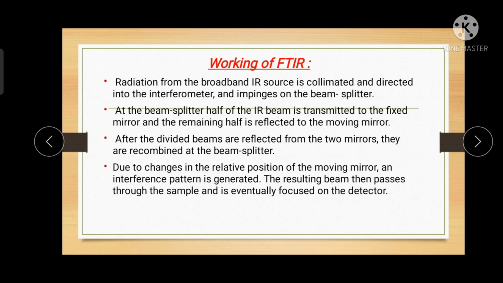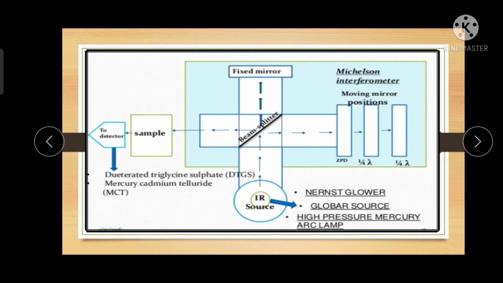The resulting beam then passes through the sample and is eventually focused onto the detector. The interference signal interacts with the sample, and we get a new type of signal, which is detected with the help of the detector.